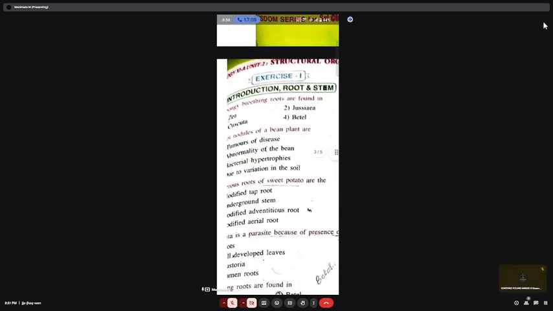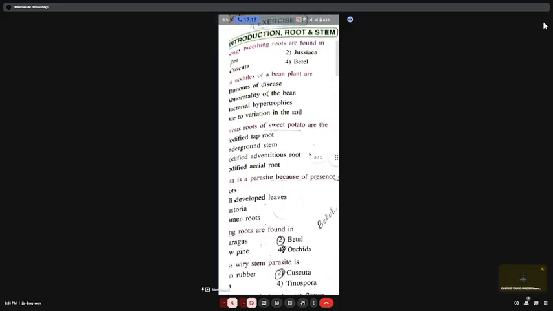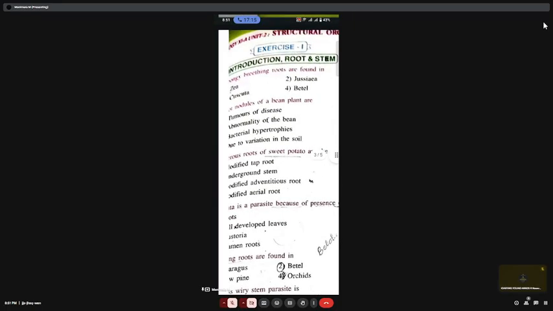So, spongy breathing roots are found in Cascata. I told you. The root nodules of bean plants are bacterial hypertrophy.